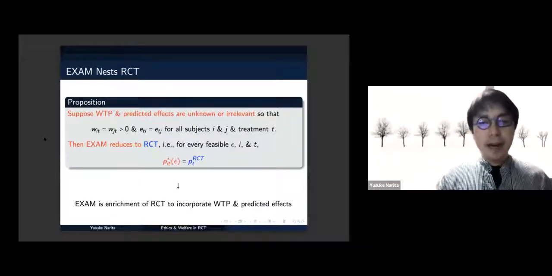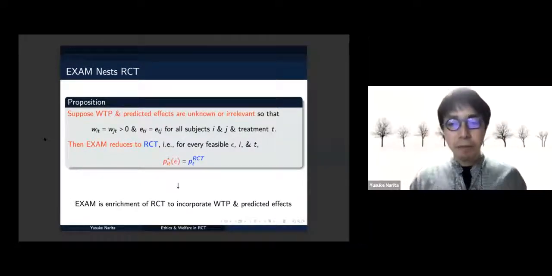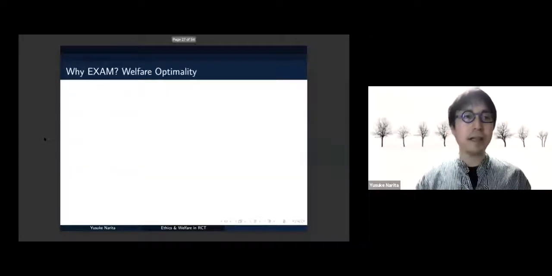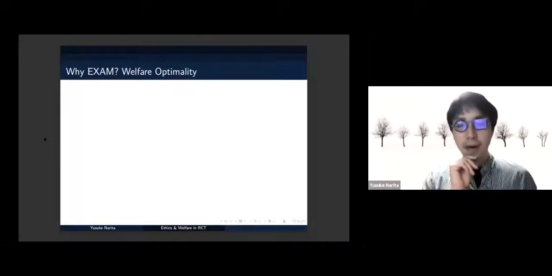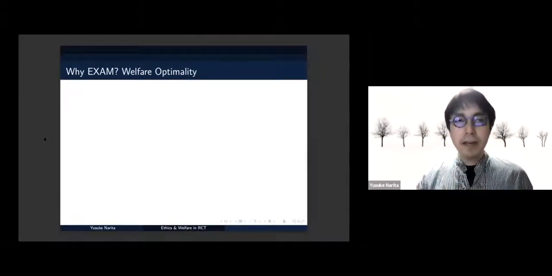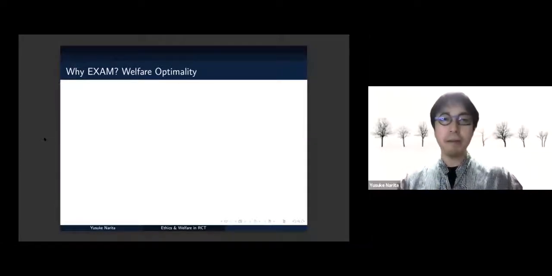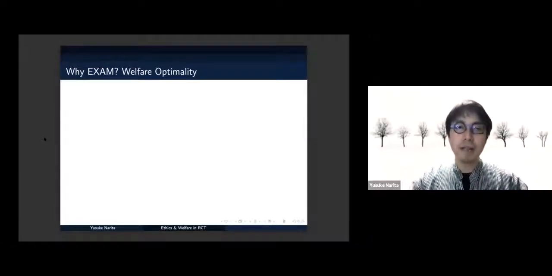Then in general, of course, there are millions of possible ways to incorporate the data about willingness to pay and the predicted effects. So why should we use this particular design of exam? My preferred answer is that this exam has a particular welfare optimality property in the spirit of the first fundamental theorem of welfare economics.